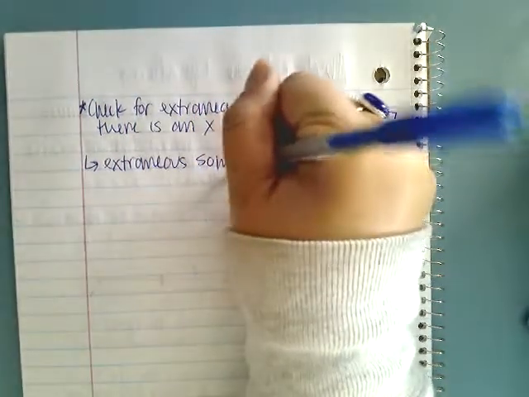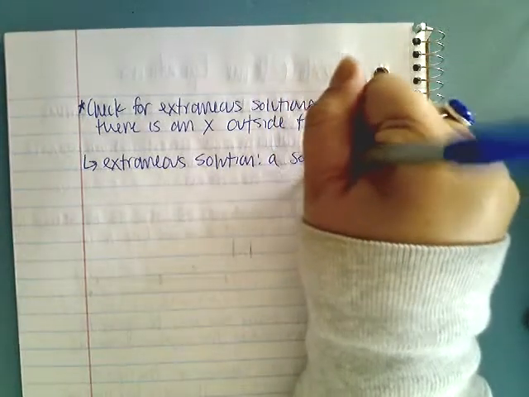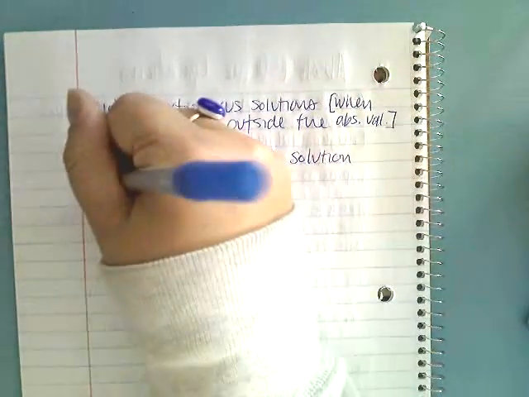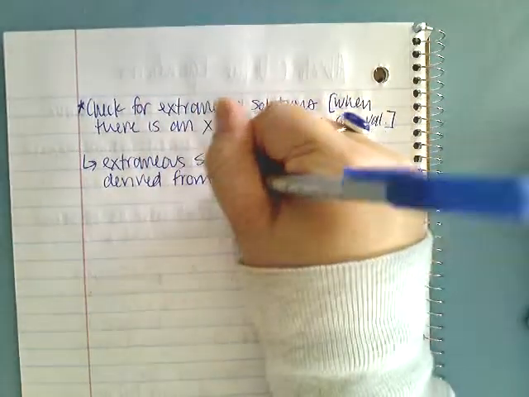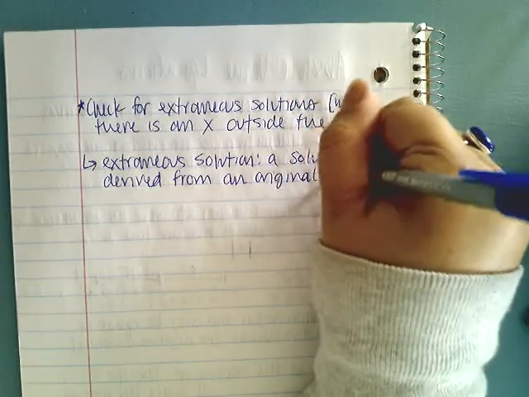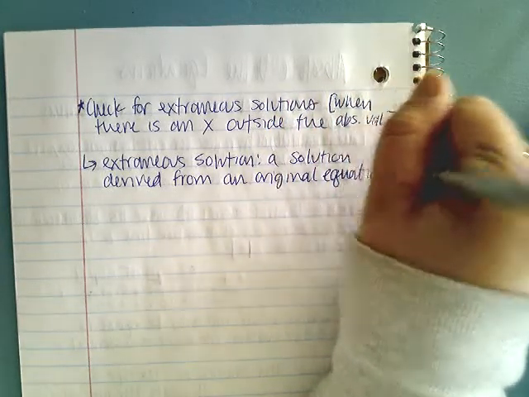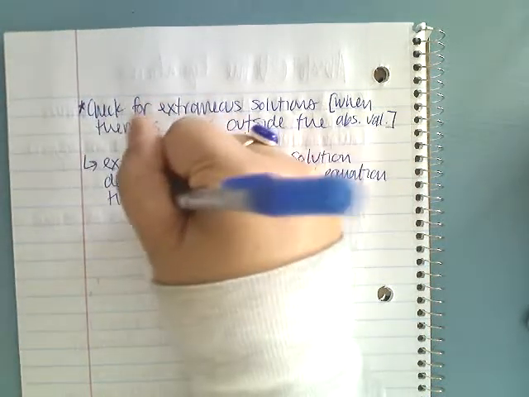Some of you might be wondering what an extraneous solution is, so I'm going to give you a definition really quick. An extraneous solution is a solution that is derived, or solved out for, from an original equation, that is not a solution of the original equation.